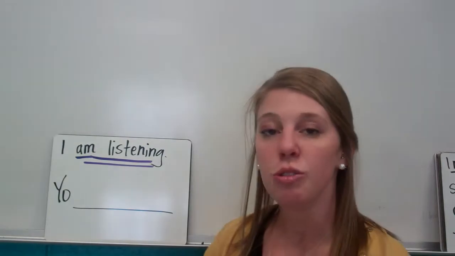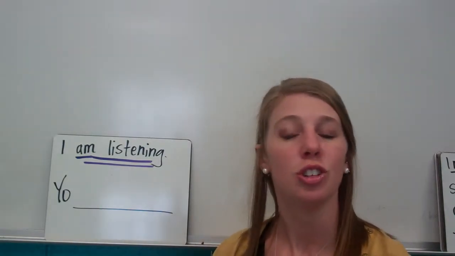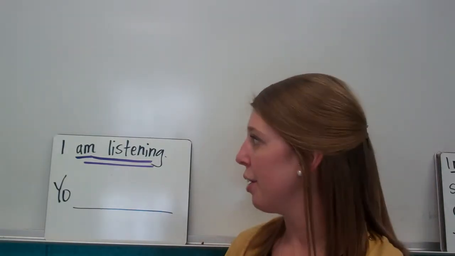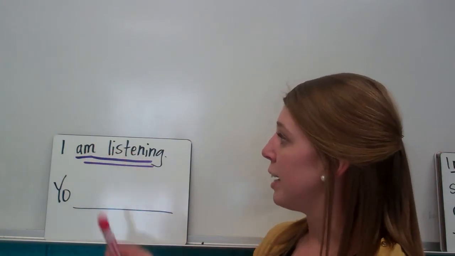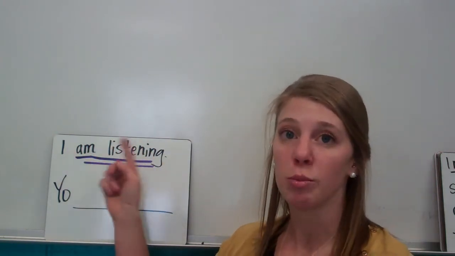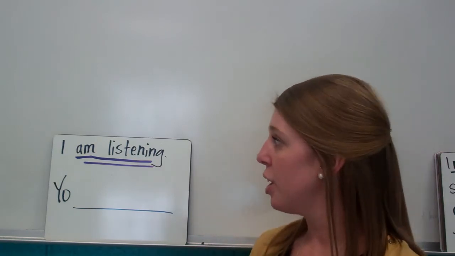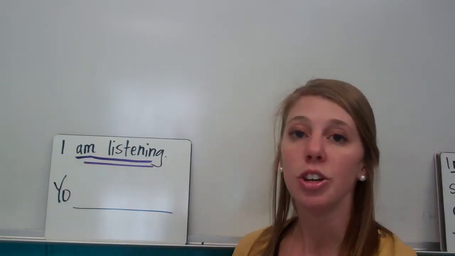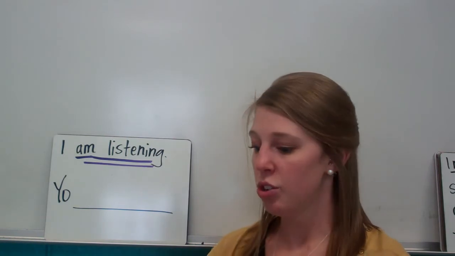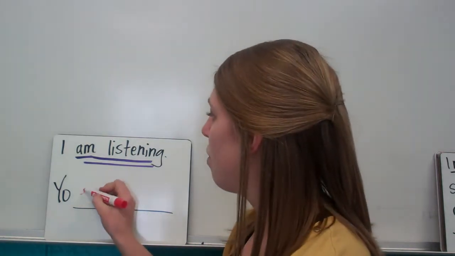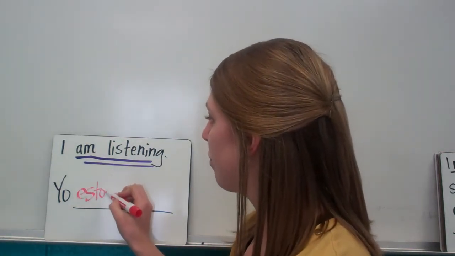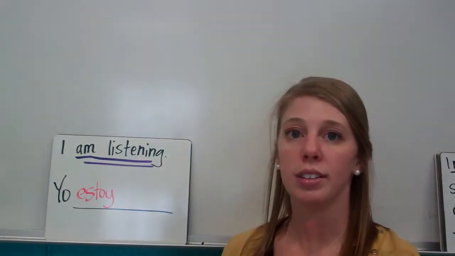Okay, so let's do some quick practice really fast just so you can see everything tied together. So I am listening. Notice we have two verbs here. So two verbs in English, we're going to have two verbs as well in Spanish. So we have to use the conjugated form of estar. So it's going to be yo estoy. So yo estoy, that's step 1.